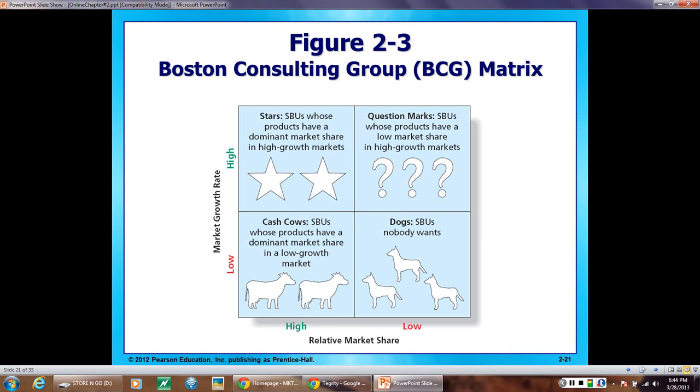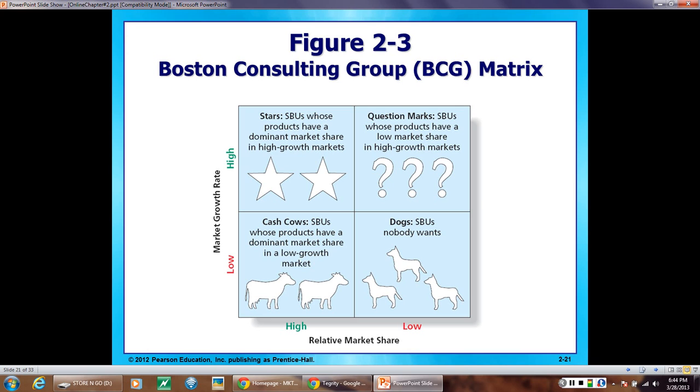This is done by the Boston Consulting Group. They've been around for a long, long time, the BCG matrix. Essentially, you would look at all of those units, products, subsidiaries, whatever level you're doing this at, and you categorize them. And this is based upon market growth rate and relative market share.